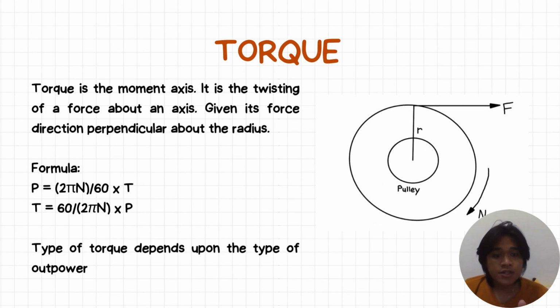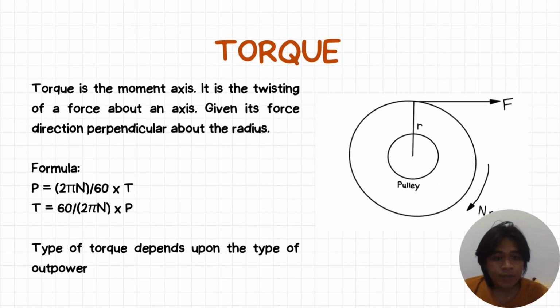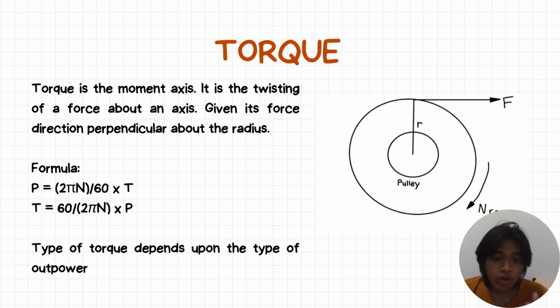And of course, since we are dealing with motors, we will have torque. But first of all, what is torque? I think we all have heard it in our physics class, and we also applied it in our statics classes. So, remembering those ideas and lessons, torque is the moment about an axis.